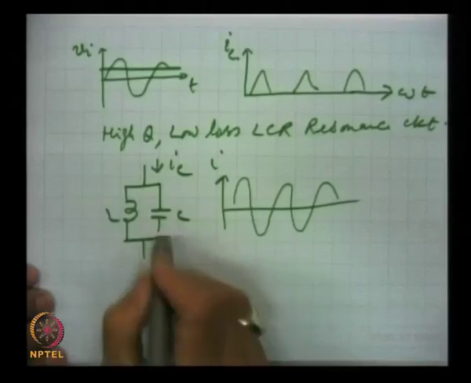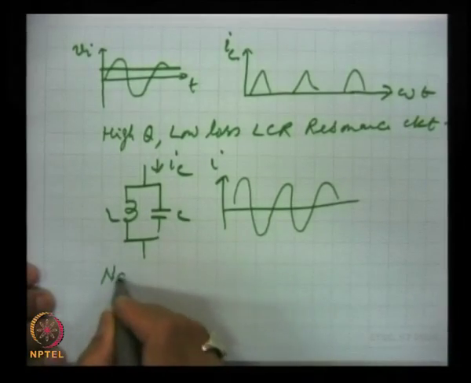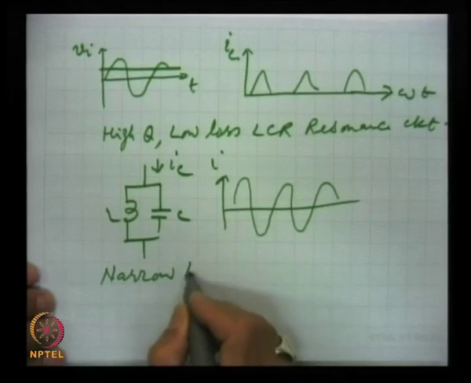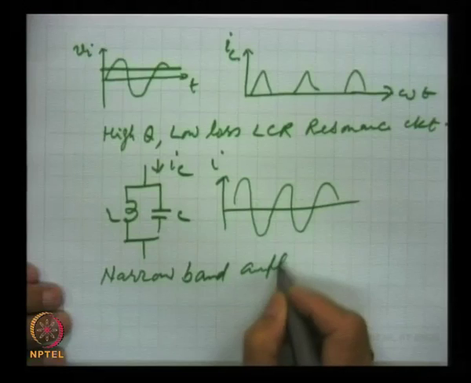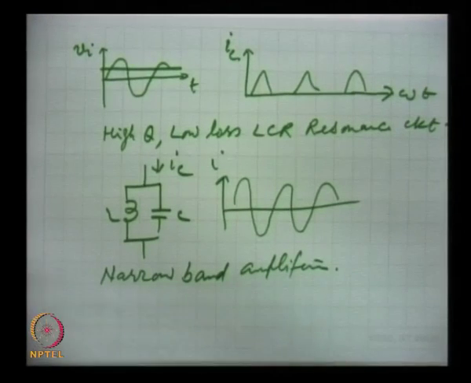Class C amplifiers will be tuned narrow band amplifiers. So, they can be used for specific purposes, and one purpose in which they are most widely used is the carrier waves for radio and television signals.